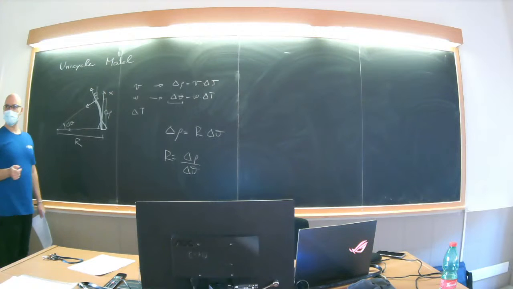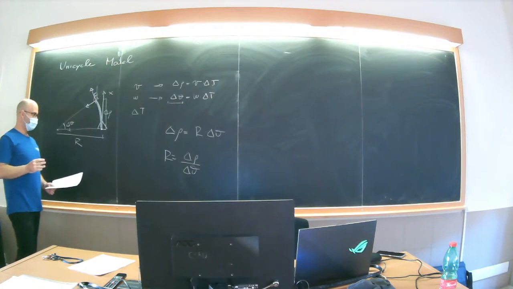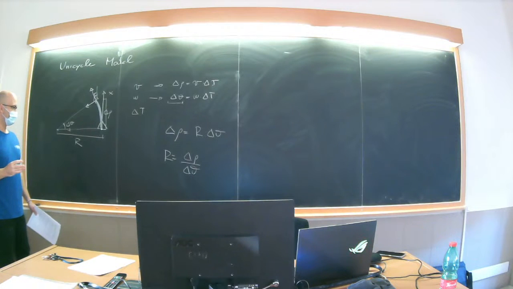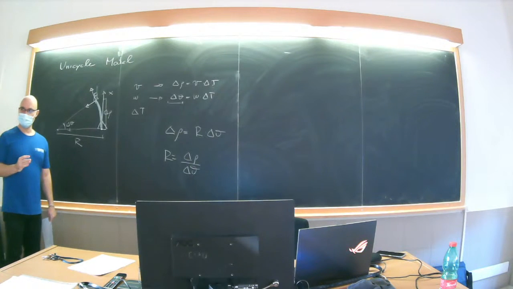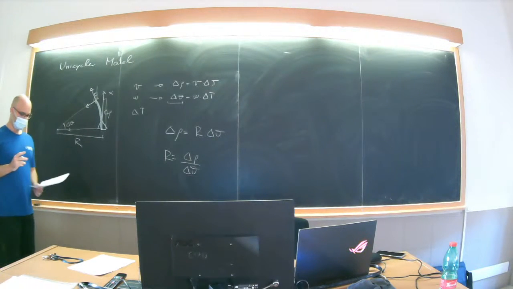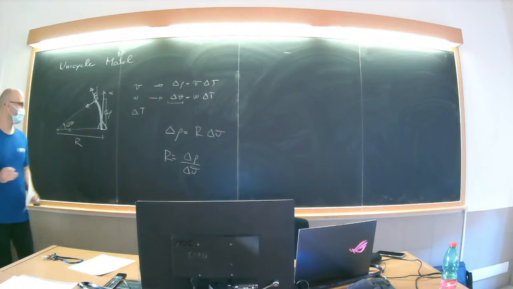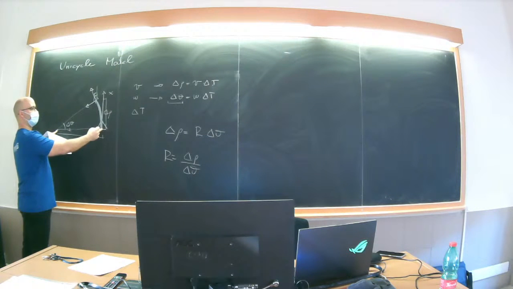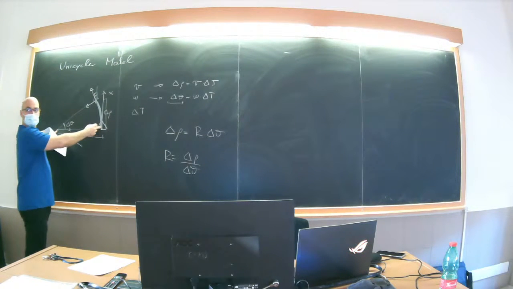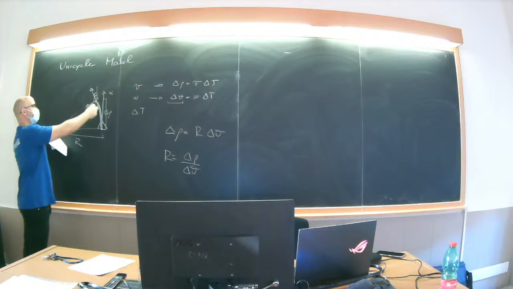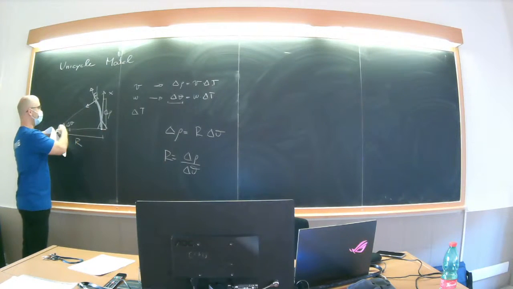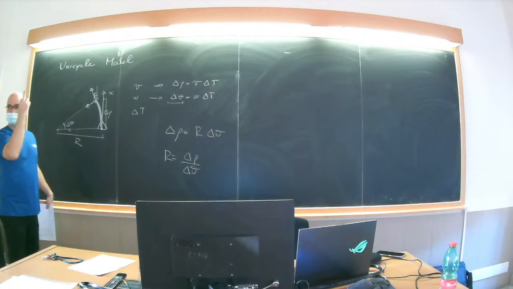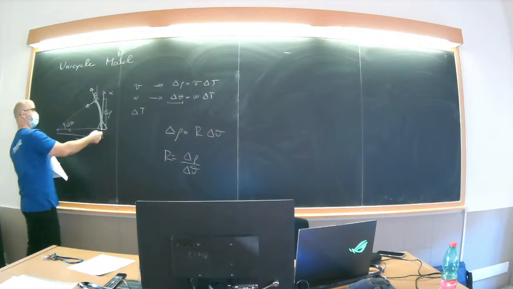Sorry? Times cosine of delta theta? Cosine of delta theta? No, it's like if delta theta were 0, then the displacement would be 0, right? This is an arc of a circle. Assume that r is the unit, is 1, right? How much is this elevation over here?